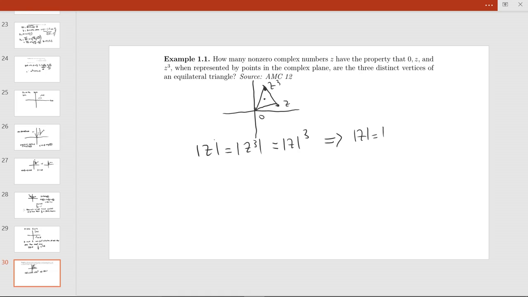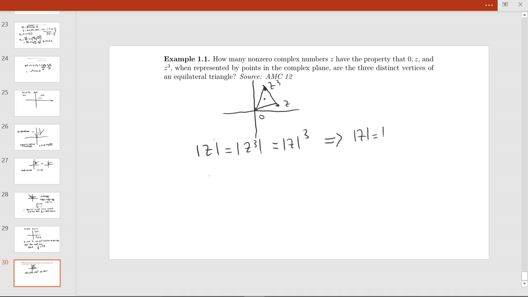So now, since the angle between adjacent sides of an equilateral triangle must be 60, we must have that z cubed is just a 60-degree rotation of z.